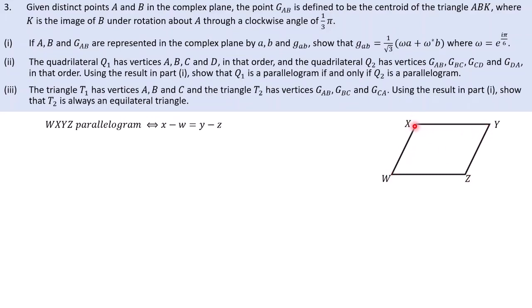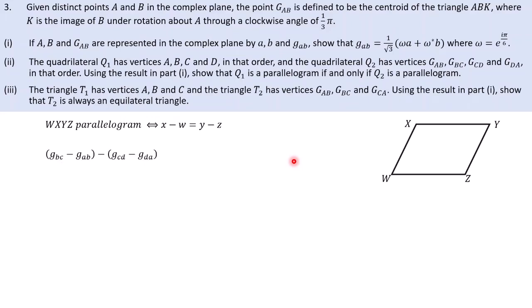So if you join the head to head and tail to tail, you will end up closing up into a parallelogram. So WXYZ is a parallelogram if and only if X minus W equals Y minus Z. So this translates the geometry into a complex number type of algebra problem.